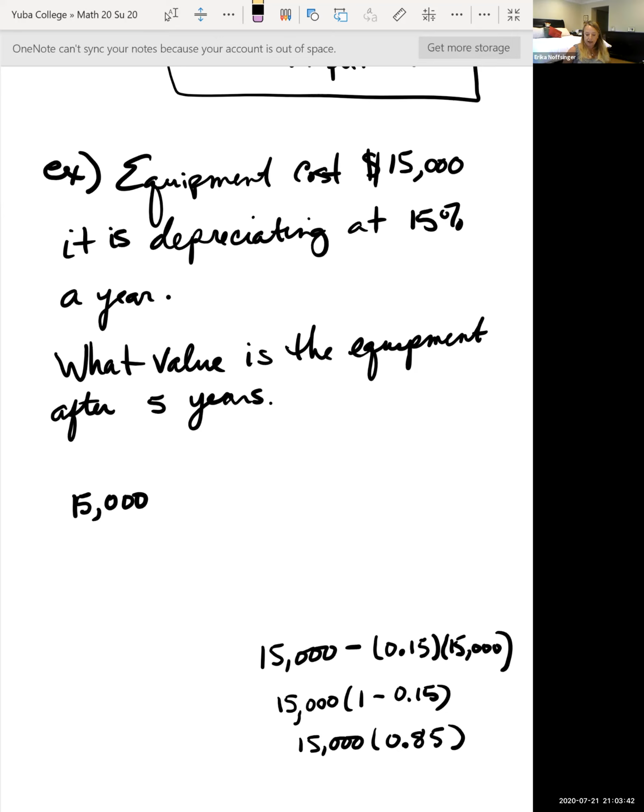So basically, every year, we're taking this amount of 15,000, or the term before, and multiplying this by 0.85, and that would give us a new amount.